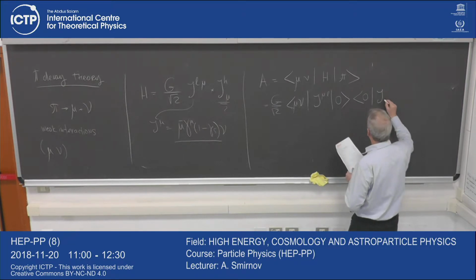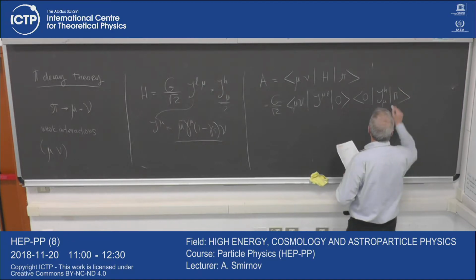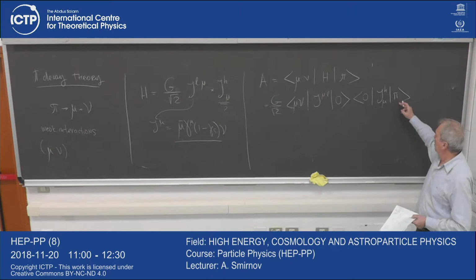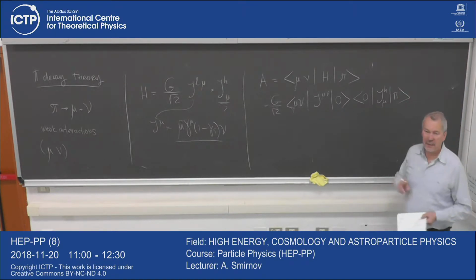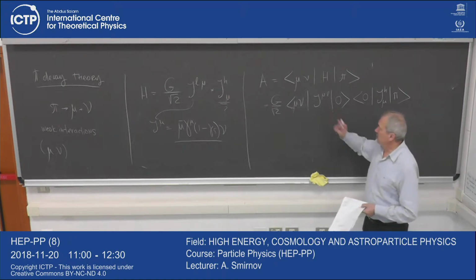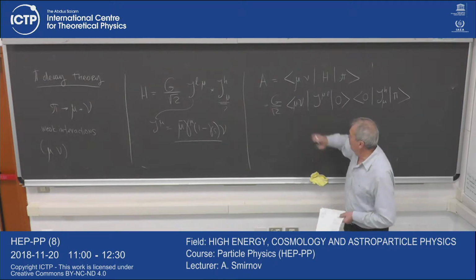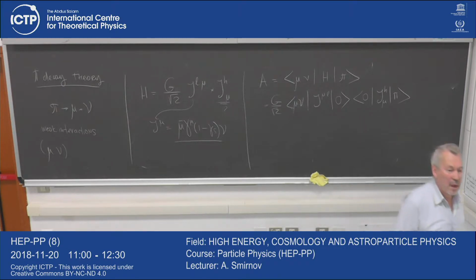I put here this current, which is the hadronic current, and this wave function of pi. So this hadronic current, whatever it is, is an operator that annihilates pi. So we have pi in the initial state, and there are no hadrons in the final state. So this current, the leptonic one, produces from 0, from vacuum, the pair muon and neutrino. Muon and neutrino were not in the initial state. Okay?